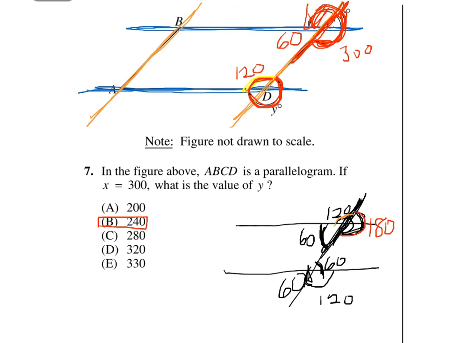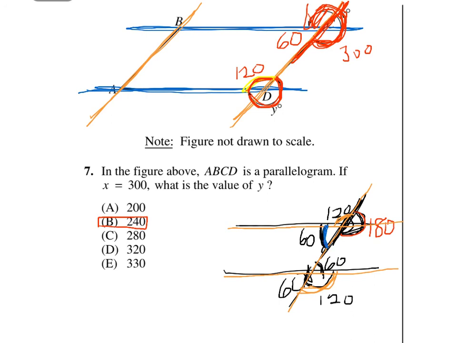That means the portion in orange has to add to 180 to give 300. That means the portion in orange is 120. Using this transversal and these parallel lines, we can deduce that this angle is 120, the angle in the lower right.